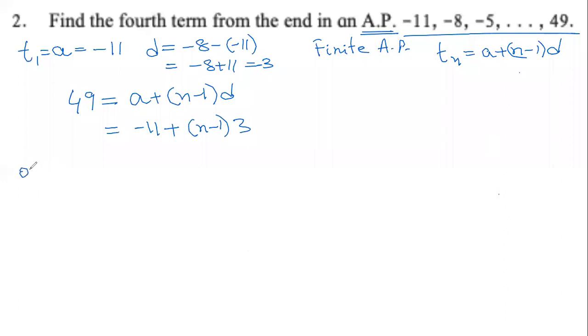So we will say or 49. We will move this minus 11 from right hand side to left hand side. So this will become plus 11 equals to n minus 1 into 3. Or 49 plus 11 is 60 equals to n minus 1 into 3.